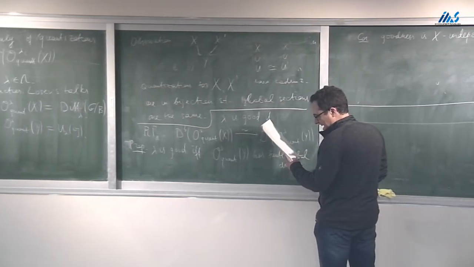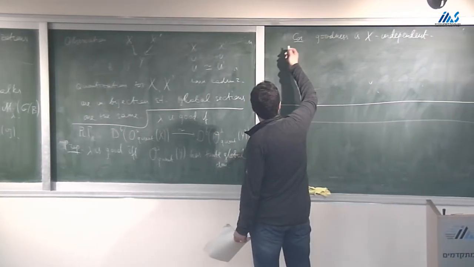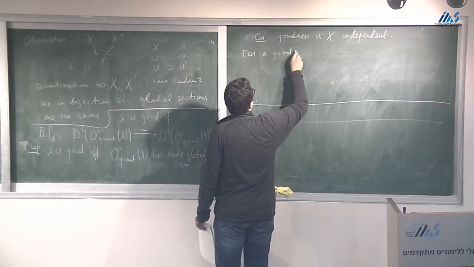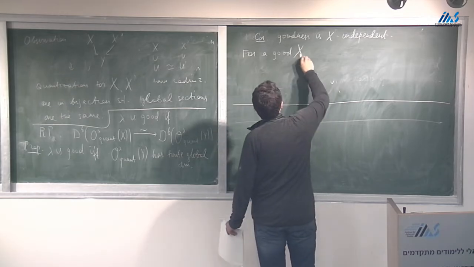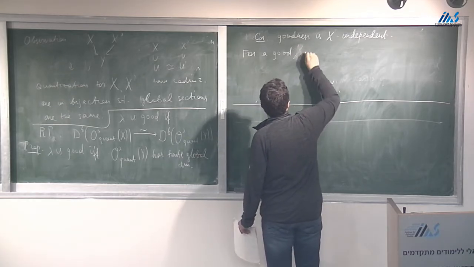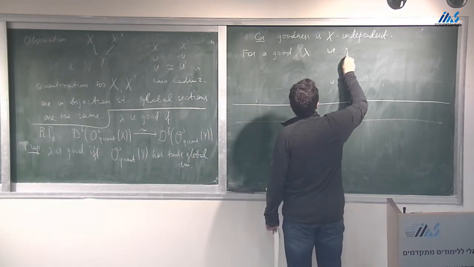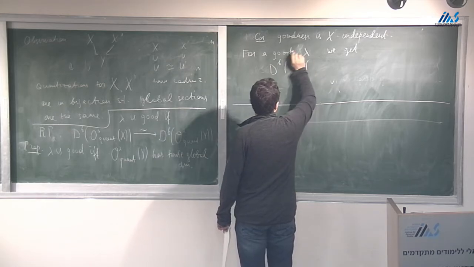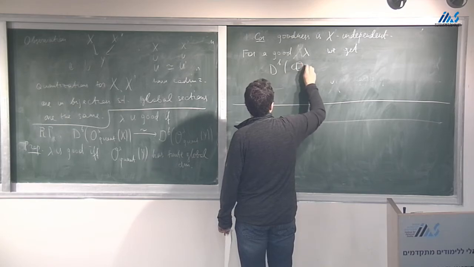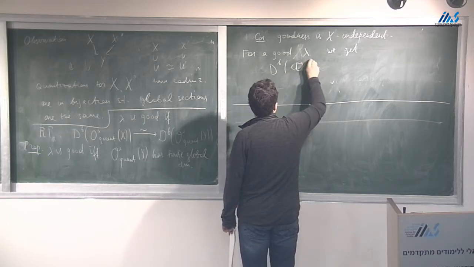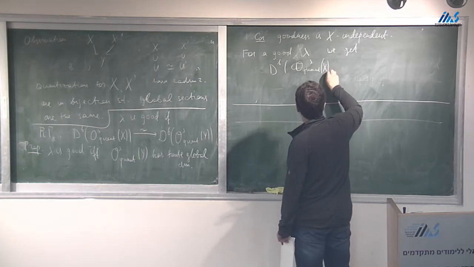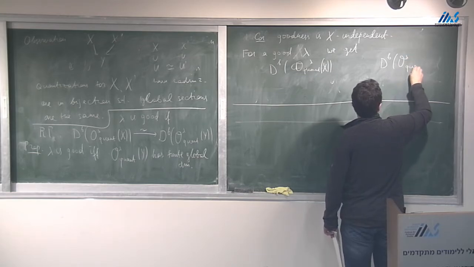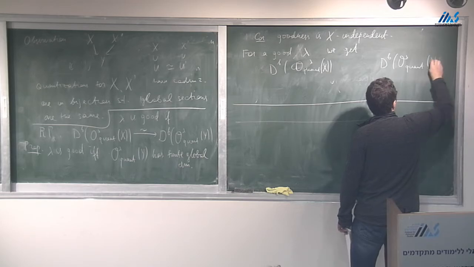And so for a good lambda, we get a derived equivalence between the derived category of O lambda quantum of x and the derived category of O lambda quantum of x prime.